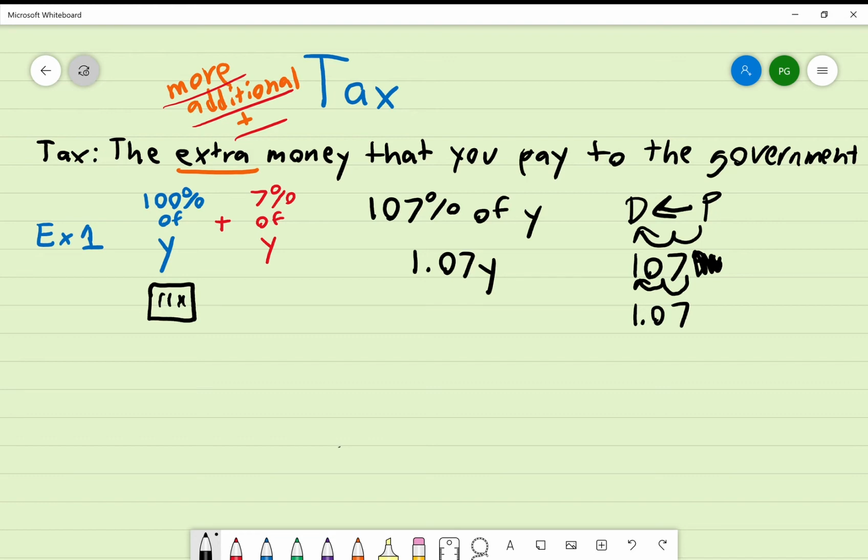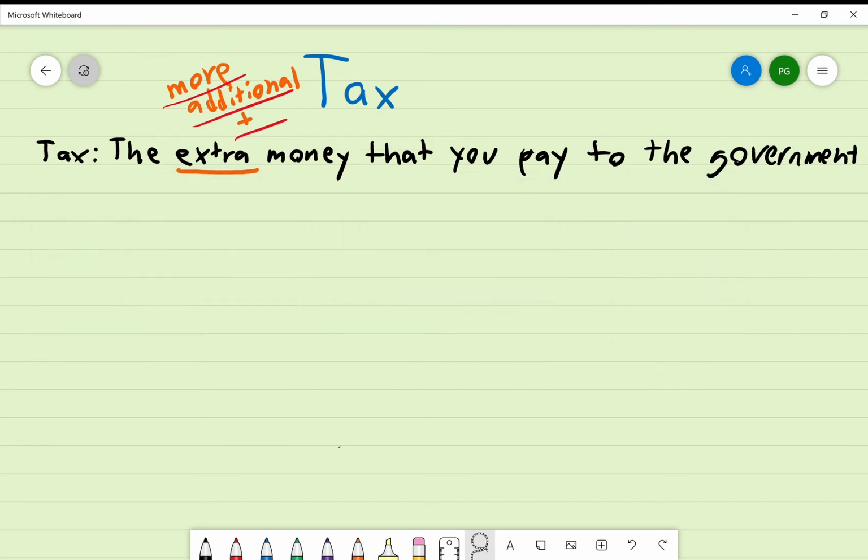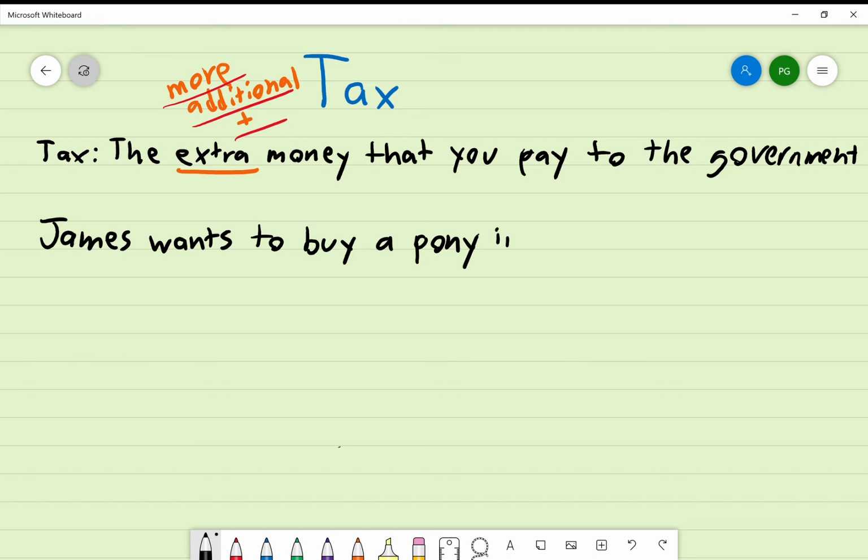Now let's take another example. Let's just imagine that we don't live in Florida, okay? Let's say that we live in another state. So let's say James wants to buy a pony. Yes, he's buying a pony in Oklahoma.